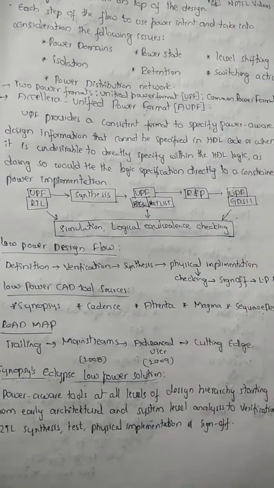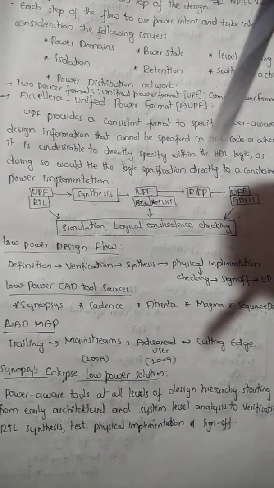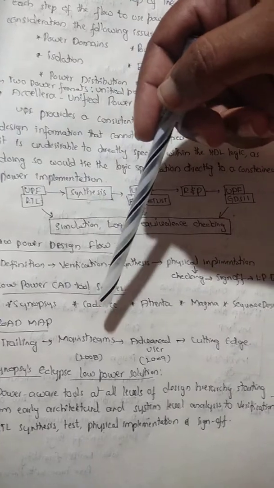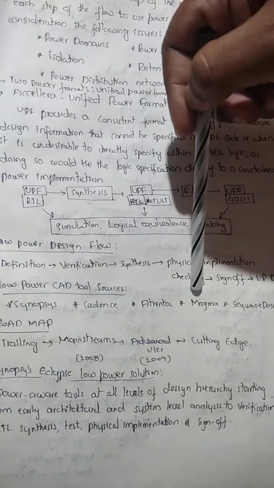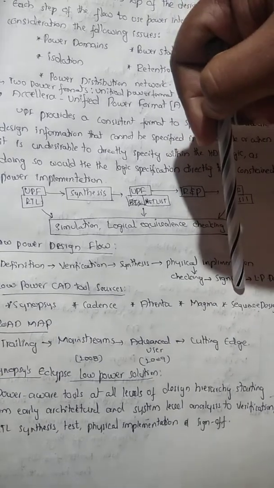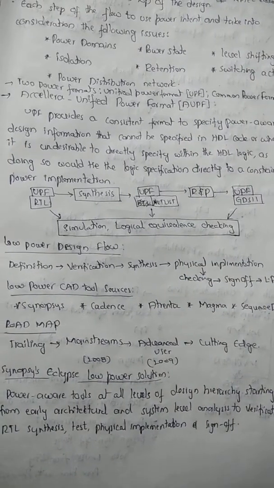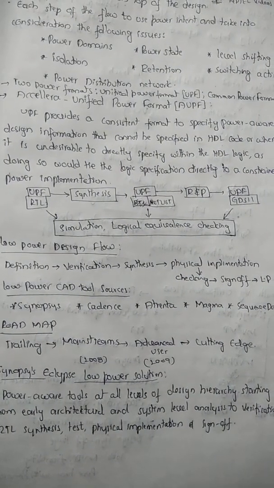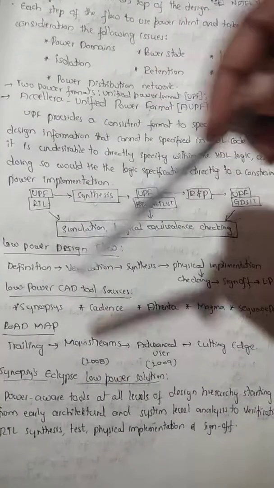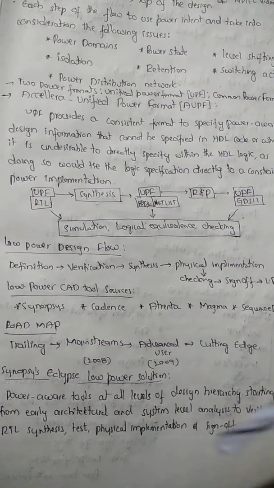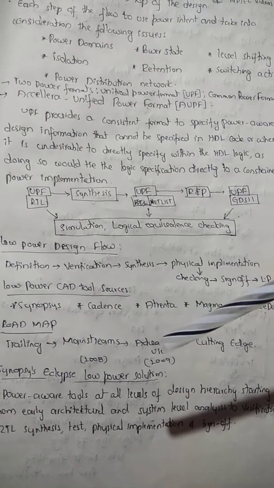Now we will see what CAD tools we use here: Synopsys, Cadence, Atrenta, Magma, as well as Sequence Design. If you see the roadmap of how it has been developed, before 2008 we used the tailoring version with only a single VDD.